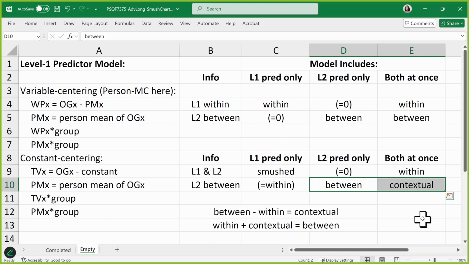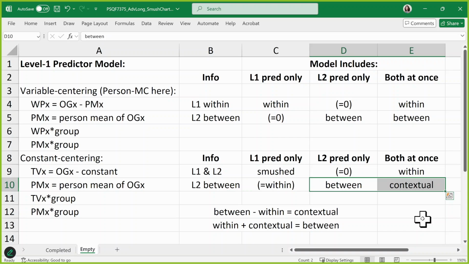So my absolute amount of grumpiness on this day, for instance, that's in the model. Contextual is what is the extra contribution of person mean grumpiness above and beyond just how grumpy I am today in an absolute sense. Like, am I a 5 today or am I a 7 today? A between effect does not control for the absolute amount of the predictor at level 1. It's just you're 2 units higher than usual or 2 units lower than usual, but we don't know what usual is.